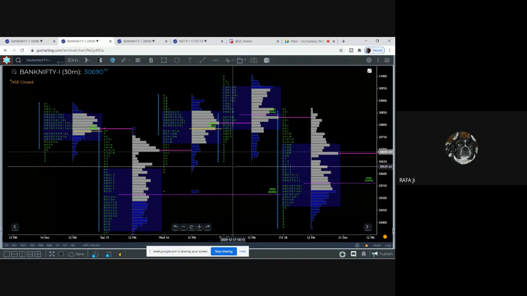Something on that line, which tells you the kind of move you can expect in the remaining session, determined through the initial balance, because I feel that is a very important and critical piece of information: how the market has moved in the first 15 or 30 minutes, and where it has opened in relation to the value area, outside the value area.